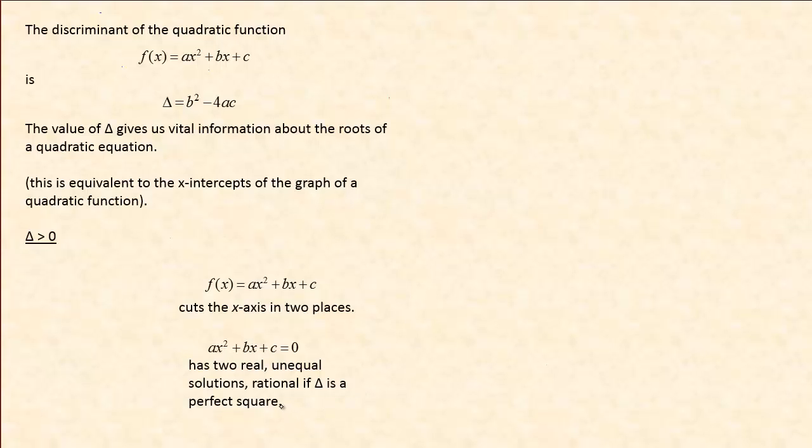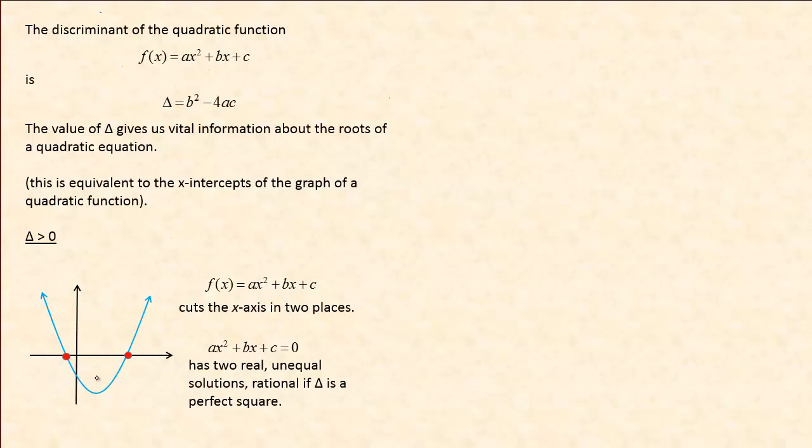Now, in addition, we can tell that those solutions are rational if delta is a perfect square. If delta is not a perfect square, then the solutions will be irrational numbers, and you've met those before, so you know what we're talking about.